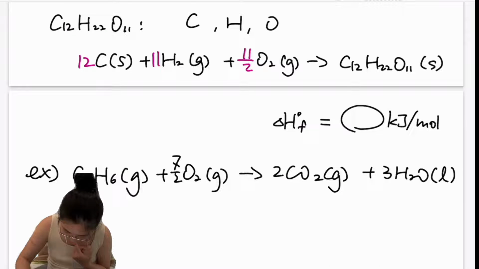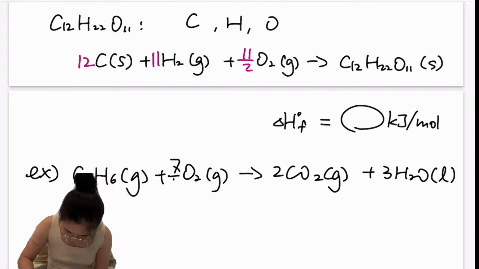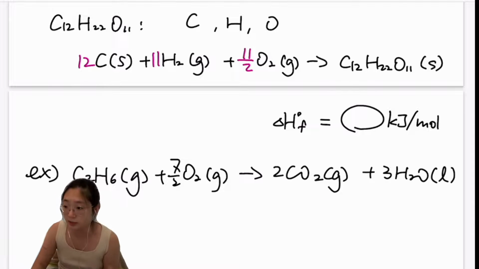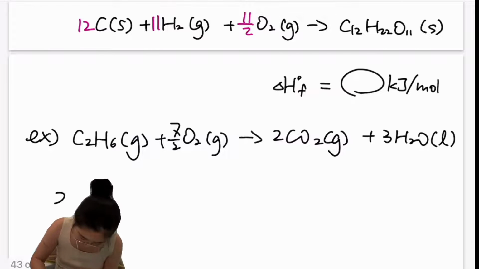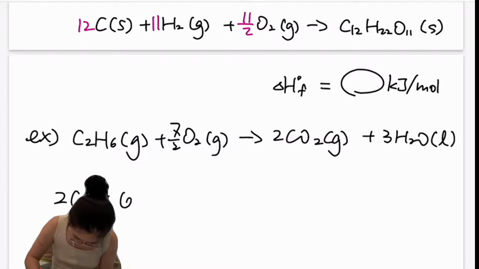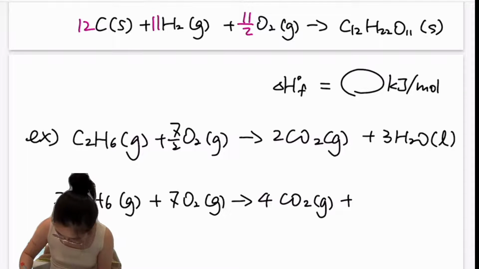Let's say you have a chemical equation that represents the combustion of ethane. First I'm going to balance it. When 2 moles of ethane react with 7 moles of oxygen gas, they produce 4 moles of carbon dioxide gas and 6 moles of liquid water.